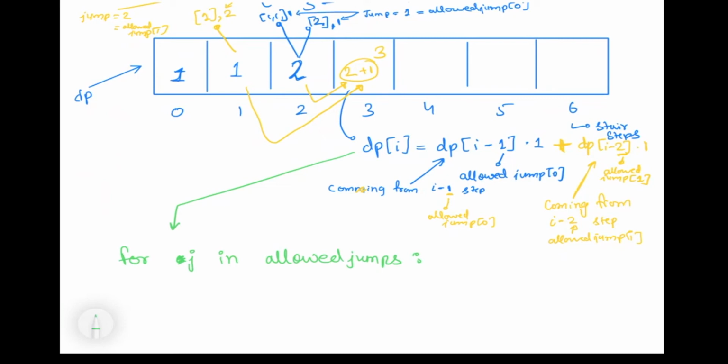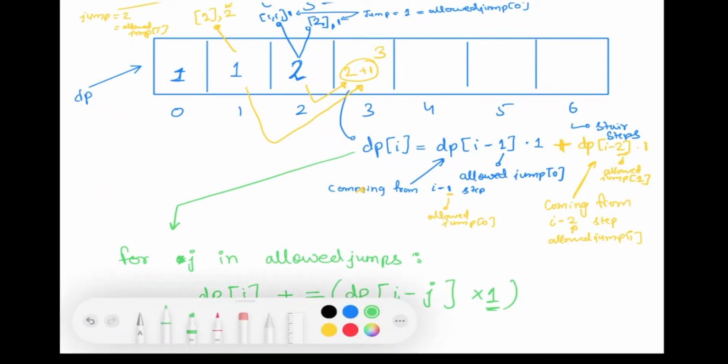Let's not call it aj as a variable, it might get confused afterwards, so we are calling it j. We are iterating in the allowed jumps, and dp[i] is nothing but dp[i] plus dp[i minus j]. So it's just another way of writing it. I am multiplying it with 1 because we saw that adding just one jump at the end of all possibilities doesn't affect the number of counts at all.